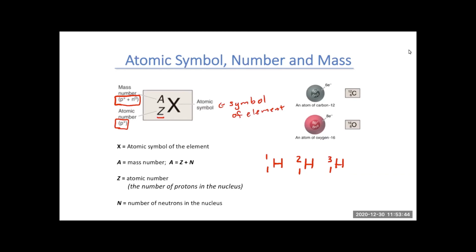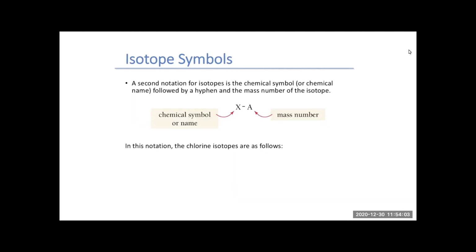Let's look at a second way to write our isotope symbols, where we just write the element and the mass number. We don't need to repeat writing what the atomic number is, because if we know the chemical symbol, we should know what the atomic number is right away. Or you should be able to look up the atomic number really quick if you know what the chemical symbol is. So it's a little redundant to write both the chemical symbol and the atomic number.